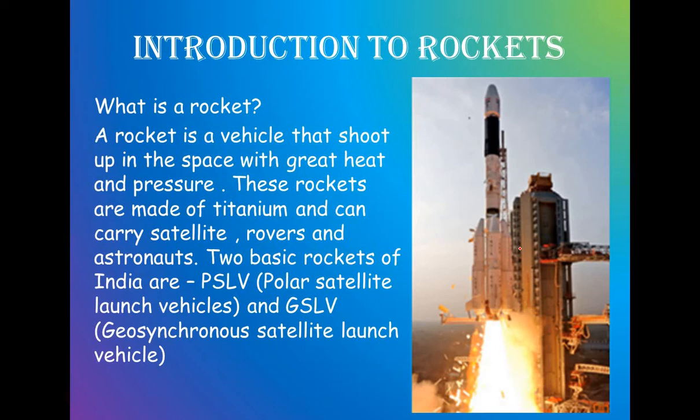GSLV is also known as Fat Boy, and it can carry much more, like 2 to 3 tanks. Tanks are very heavy. GSLV is a rocket that everybody trusts, and PSLV is used for going to the moon, while GSLV is used to go to other planets.